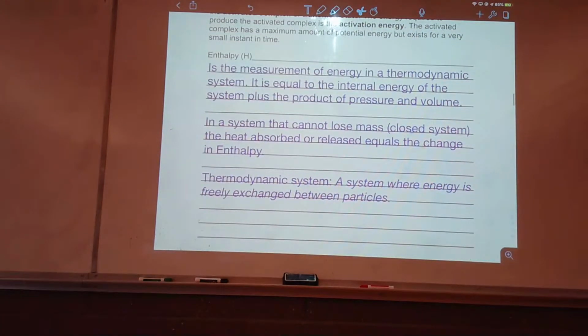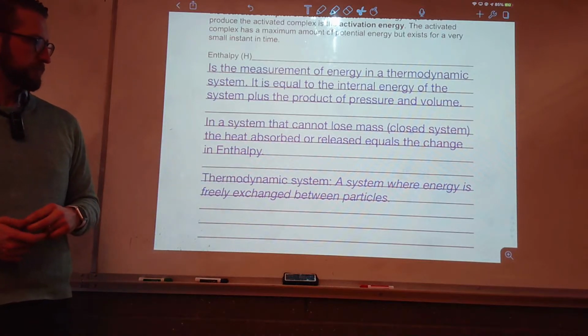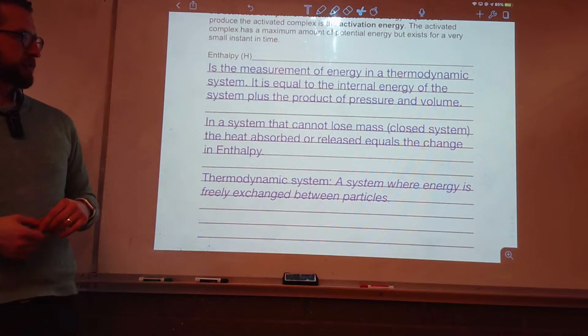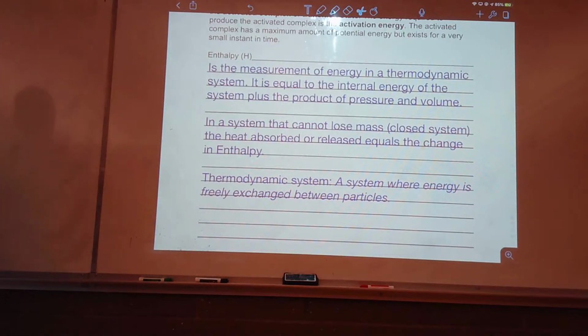In a system that cannot lose mass, the heat absorbed or released equals the change in enthalpy. And a thermodynamic system is a system where energy is freely exchanged between particles. That's the dynamic aspect.